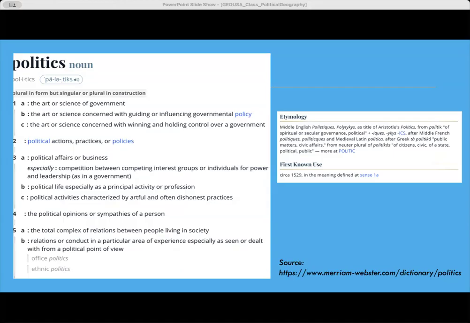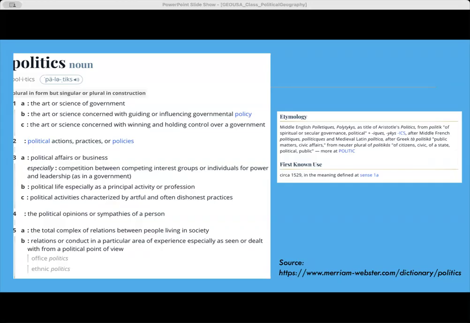So politics really is the art or science of governing, right? To practice politics is to think about and apply different ways of organizing society through a form of government. Political usually refers to action or a practice of politics.